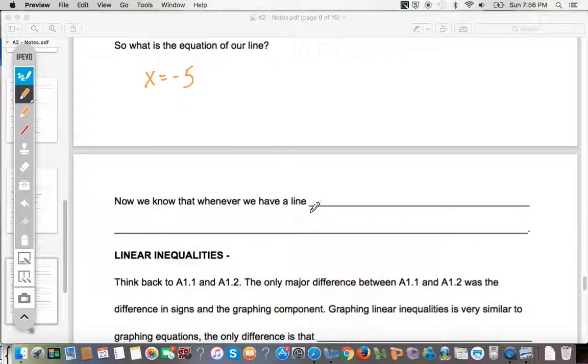Now we know that whenever we have a line with x alone, and no variable y, we are left with a vertical line through the x-intercept.